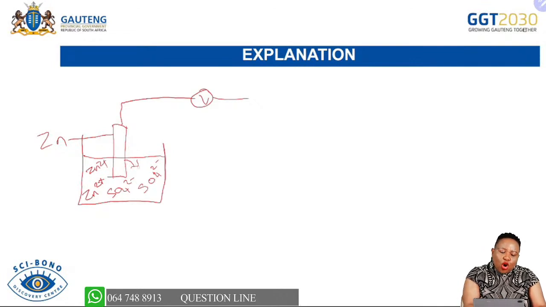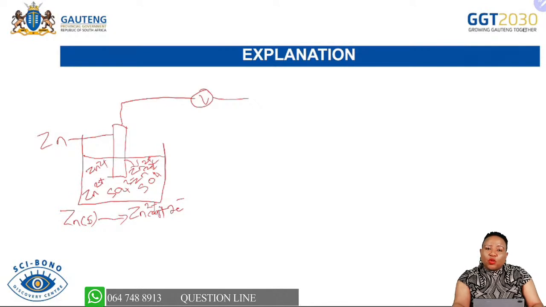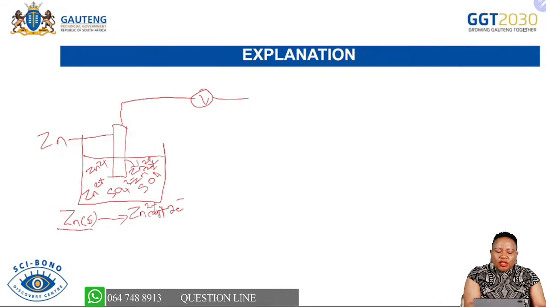It will now dissolve into this zinc sulfate solution and form more zinc 2 plus ions, meaning that zinc, our electrode, which is a solid, will lose electrons and become zinc 2 plus ion plus 2 electrons. So remember that zinc 2 plus is aqueous because it's now in an ionic form. So when zinc undergoes oxidation, it will form zinc 2 plus ion.